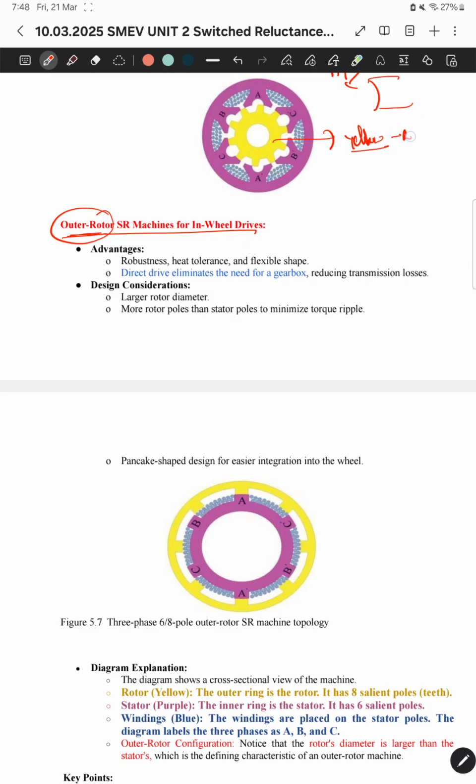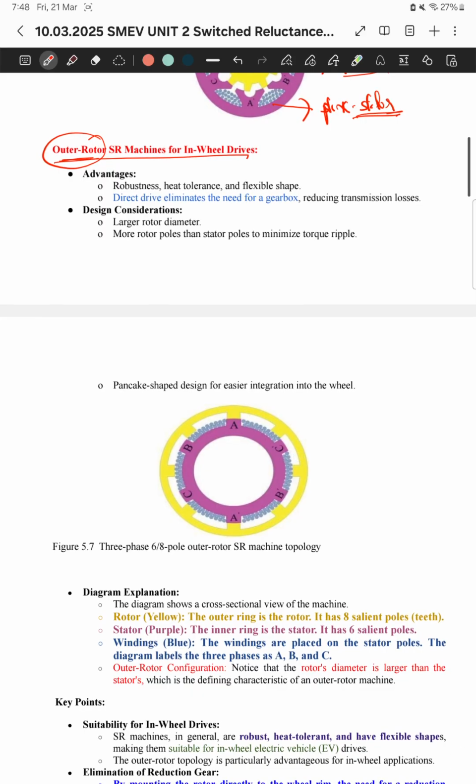Yellow color is the rotor, which in the previous case was placed inside, and pink color is the stator, which was placed outside. Now in this other type, ultimately I need a conductor, magnetic field, and relative motion: a current carrying conductor is placed in the magnetic field and a torque is generated. Similarly here, the rotor is placed outside and the stator is placed inside.